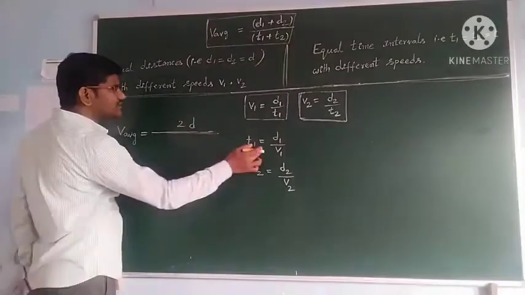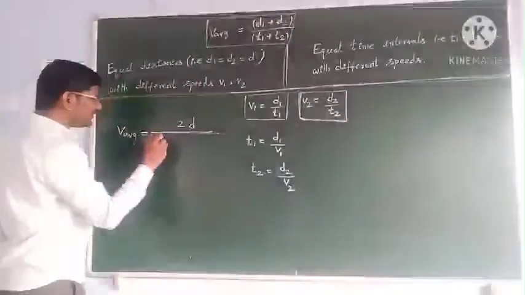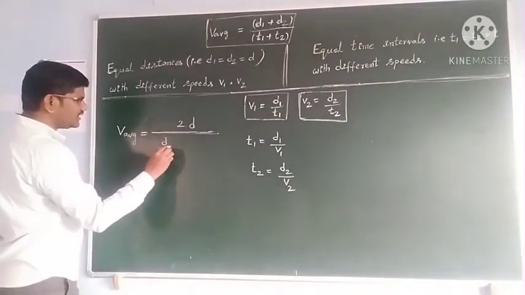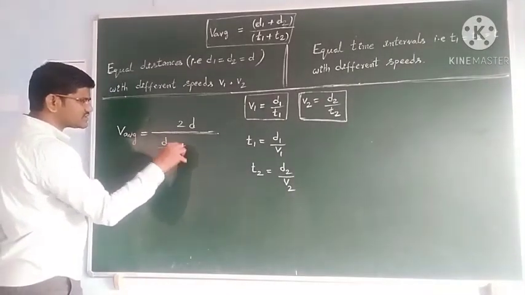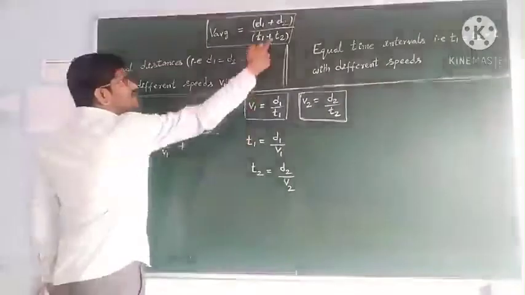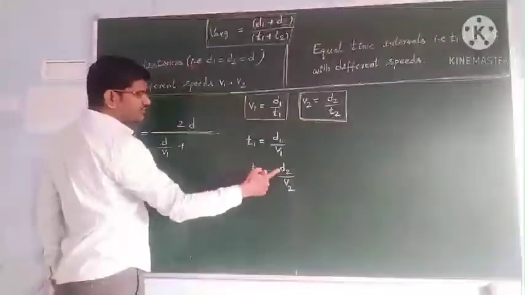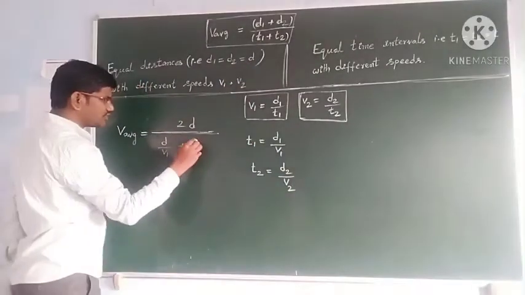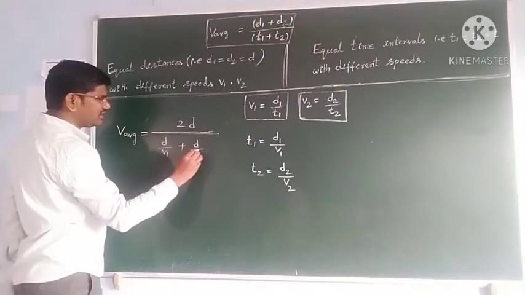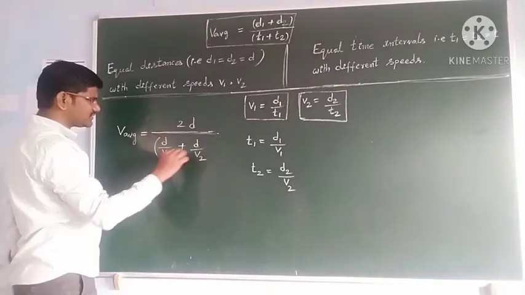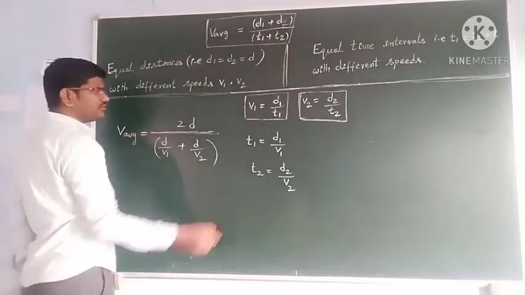So instead of t1 we are writing d1, which is d, so d by v1 I write students, plus t2, which means d2 by v2, and d2 means d, so again I will write d by v2. Is this okay for you?